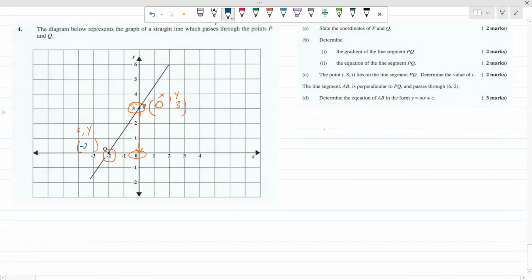Minus 2, very good. And what will Y be? We go across this way, 0. So for part A, P has the coordinates 0, 3, and Q has the coordinates minus 2, 0. Everybody okay with that? Give me a thumbs up if you're all right with that.